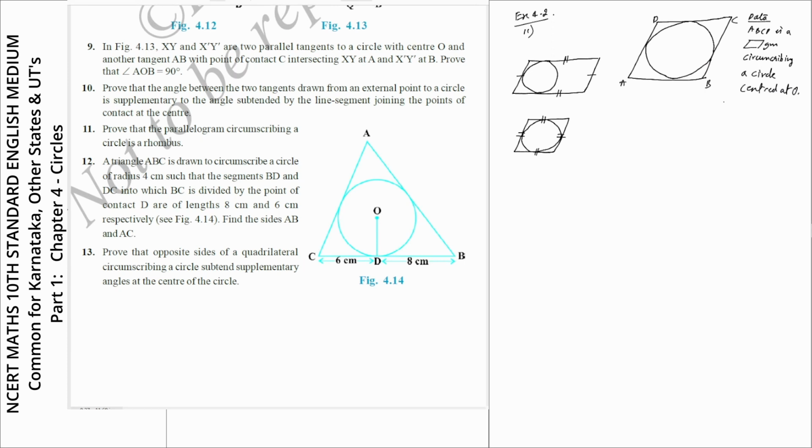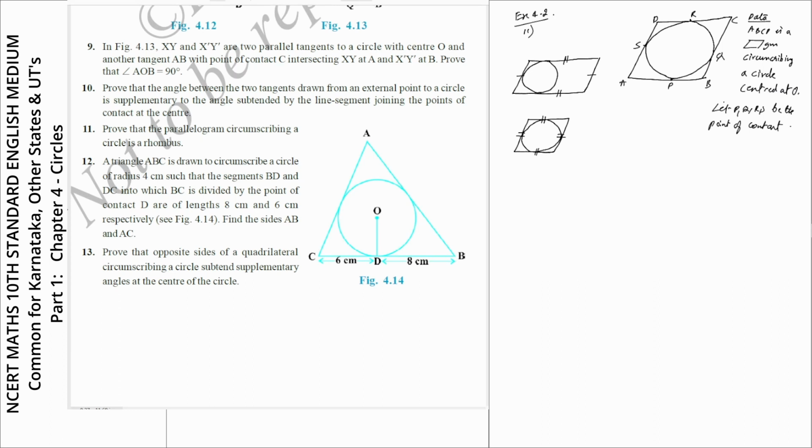So let P, Q, R, S be the points of contact between the circumference and the sides. I'll show here: this is P, this is Q, this is R, and this is S.